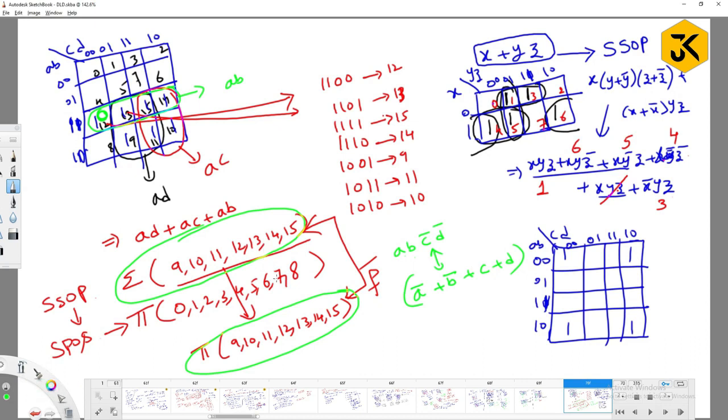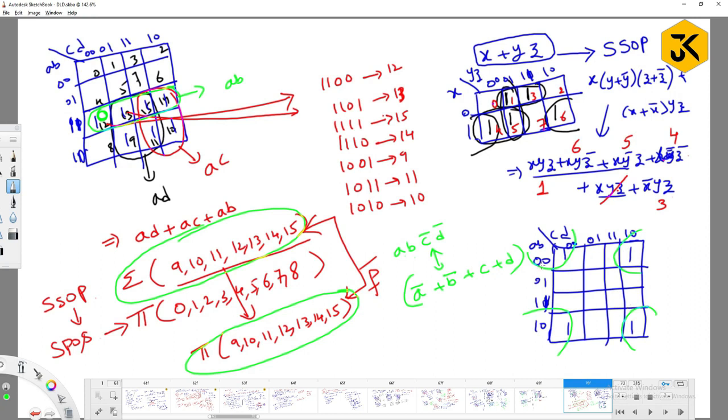What is the value? How many minterms you are going to get? 4. Is it 4 minterms? Only 1 minterm. Because it's a cube, right? When you make a cube, all corners are equivalent to one adjacent, right? Right? If you want, you can just understand.